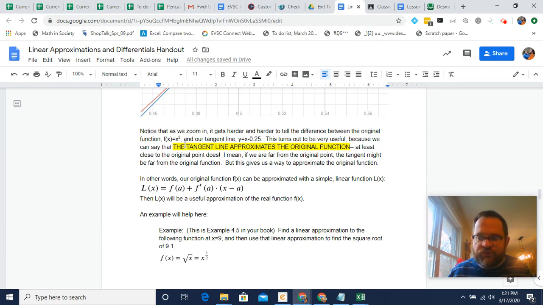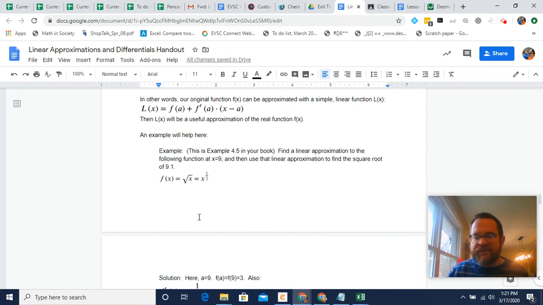It's close to it, which means we could use the tangent line's function, which is very simple, it's always just a slope and an intercept, to approximate the original function, which might be really complicated. It might be things like sines or cube roots. And we can get approximate answers here. This is a hugely powerful technique.